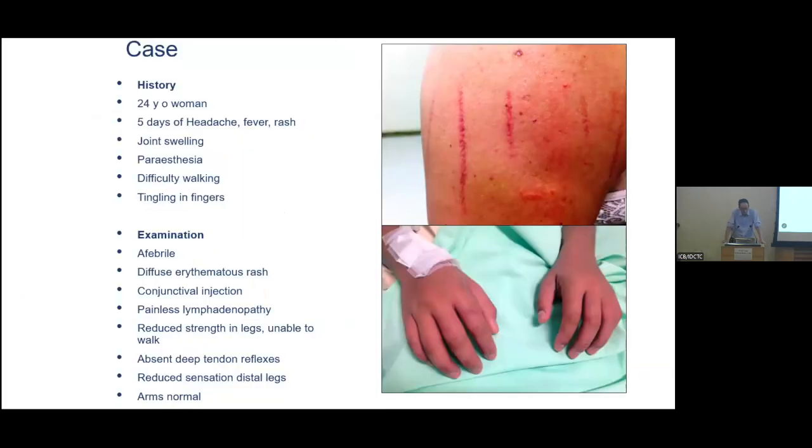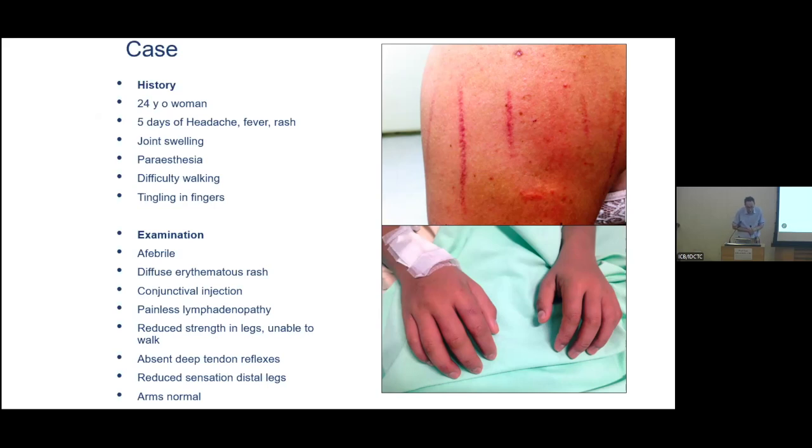Okay. So this is a woman who presented with 5 days of headache, fever, rash, and it was itchy. You can see she was scratching so much there. That's excoriations. She had some joint swelling and difficulty walking and tingling in her fingers.